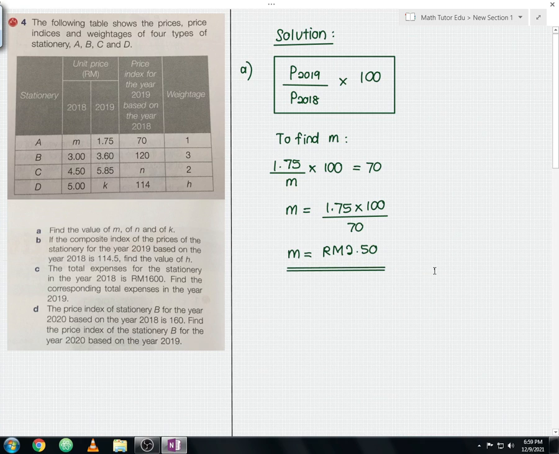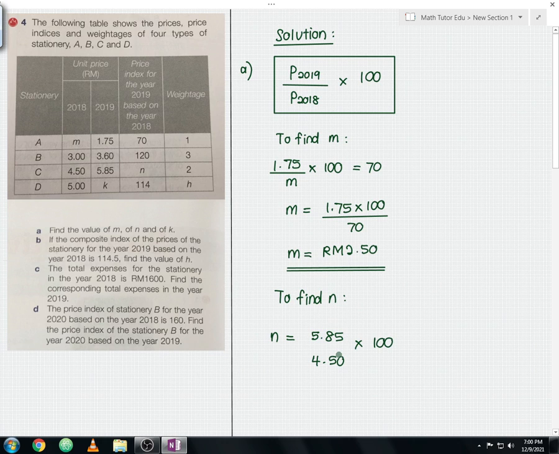Okay, from here, let us proceed to find the N. To find the N will be very straightforward. They already gave us the price in the year 2019 and 2018. So it will be very easy for us. We can just straight away apply this formula. So to find N, N will be equals to 5.85, and then you divide with 4.50 and you times with 100.